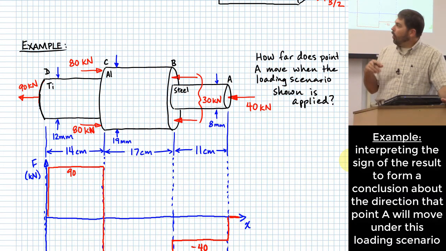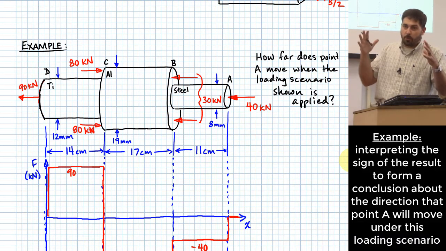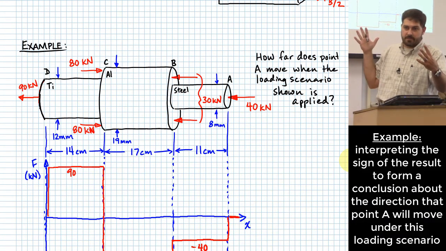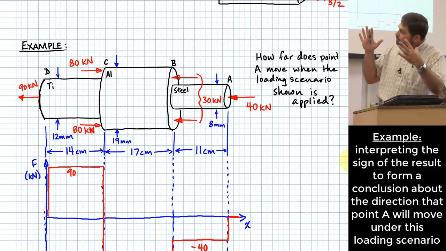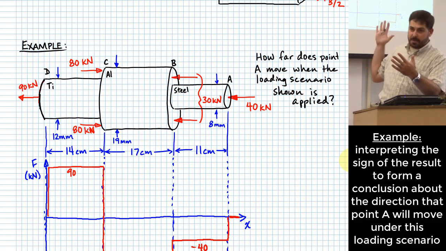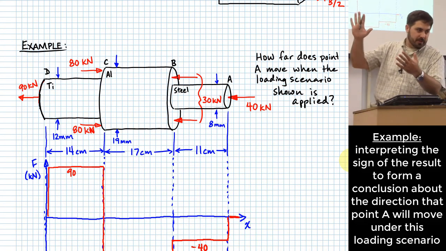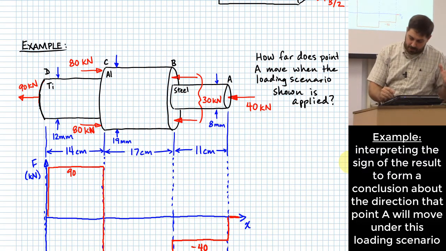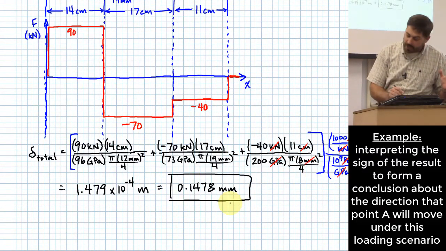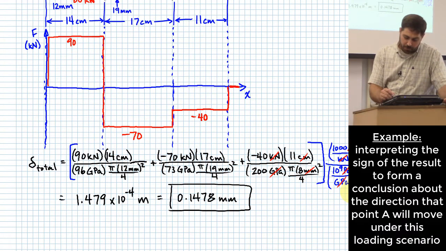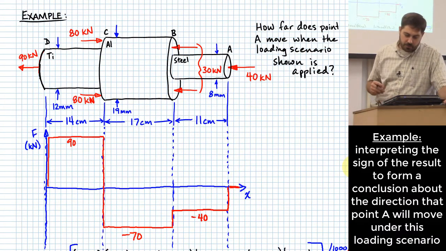So all of our compressive forces were ones to the left, and all of our tensile forces were ones to the right. Okay? Ones to the right will tend to move the thing to the right, and those were counted as positive. Ones to the left will move it to the left, and those are counted as negative. I come up with a positive result here. I come up with a positive result. That means point A will move to the right.